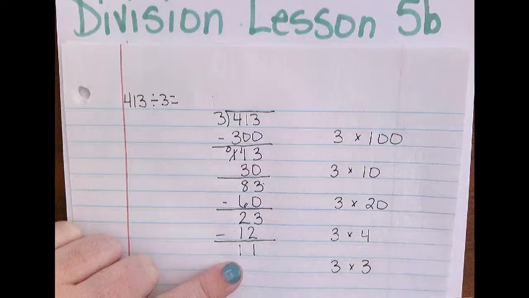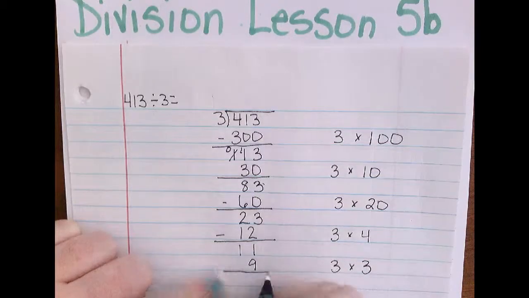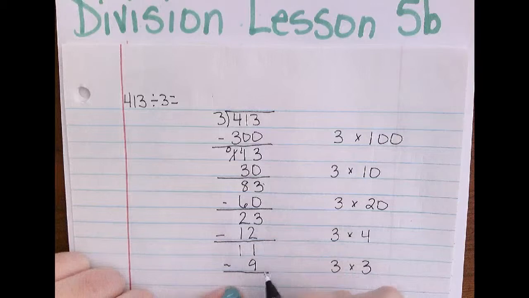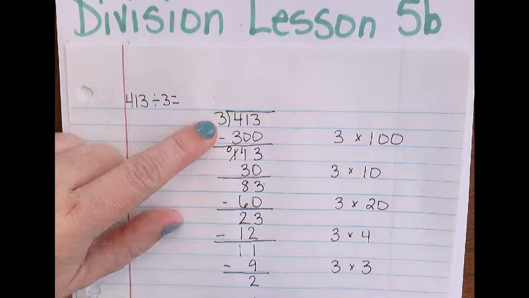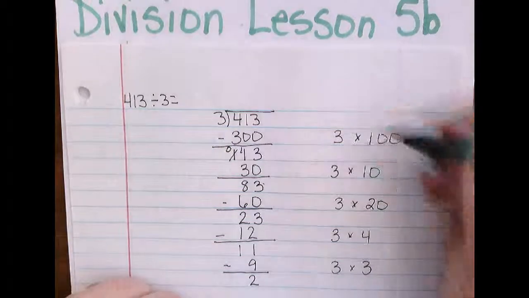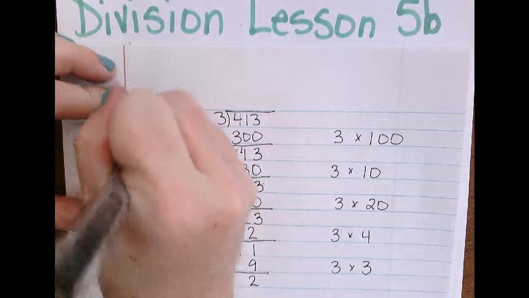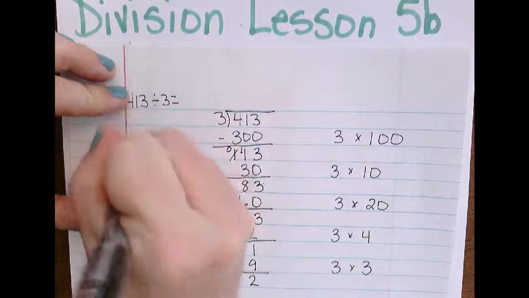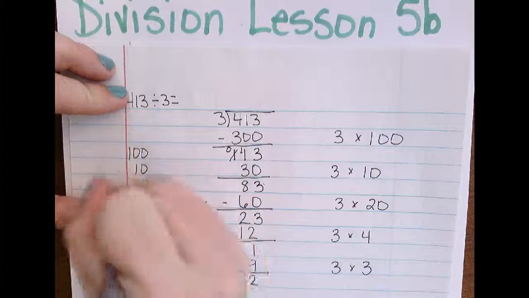Remember we talked about squares last week. 3 times 3 is 9. Okay, 11 minus 9, that is 2. Okay, I can't get any smaller than that because I have a 3 here. These are all my multipliers, so I'm going to add these numbers up together. So I'm going to have 100, 10, 20, 4, and 3.